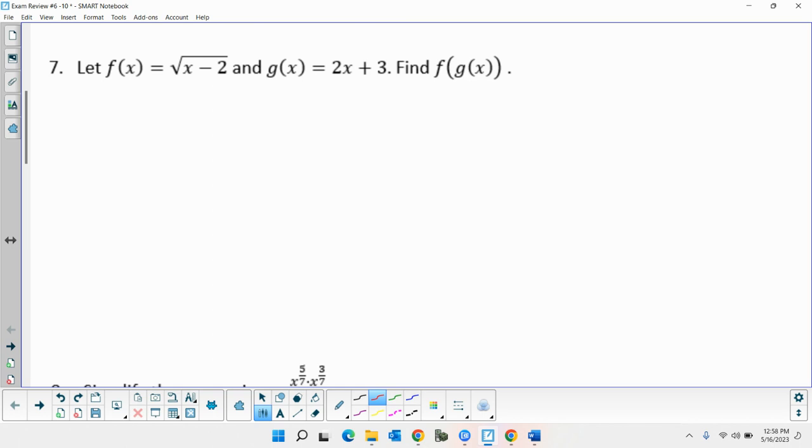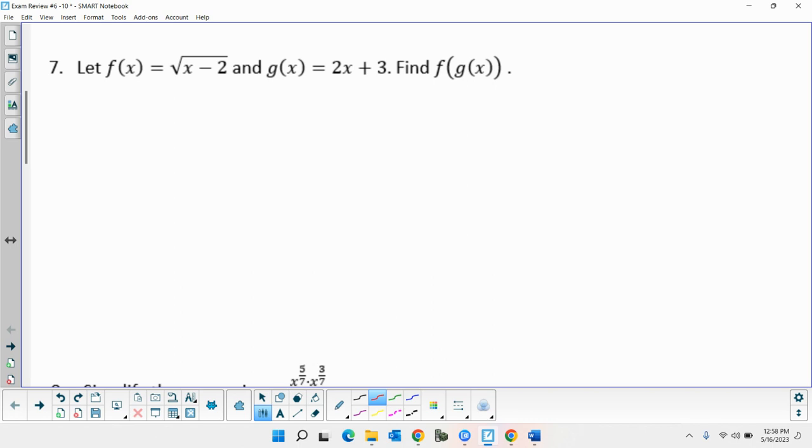Let me just go over the notes. Oh my god, this is easy. You put them together. No. You substitute g of x plus 3 in the f of x problem.